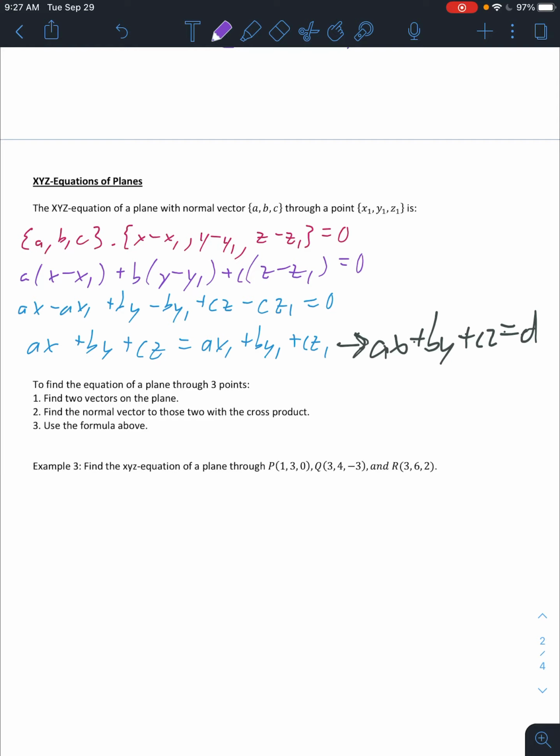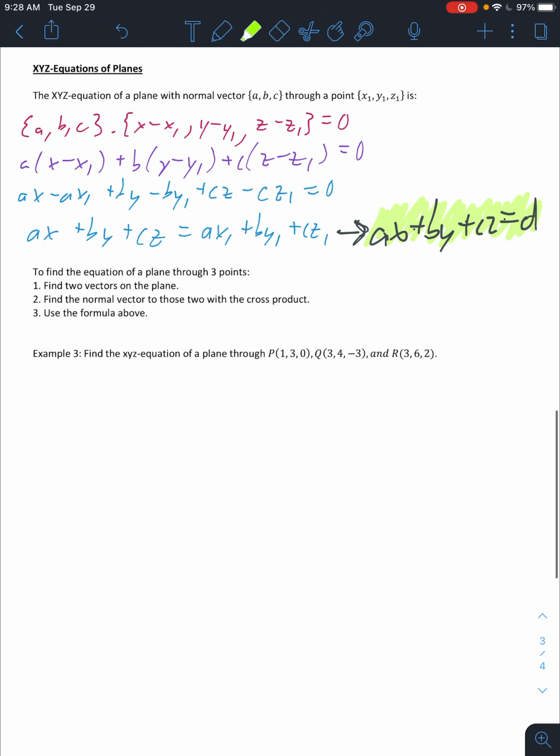So find the dot product, simplify, simplify, simplify. Set everything with x, y, and z to one side and all the constants to the other. We talked about this in class briefly. This is your standard form of an equation of a plane. Feel free to pause the video and copy that down if you need some extra time.